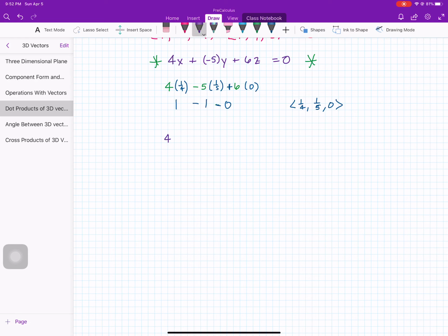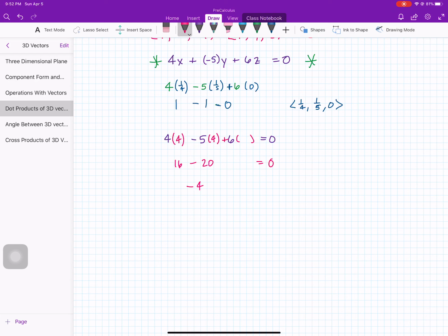Or you could try to get a little bit fancier. You have 4 and -5 and +6. You could just pick your favorite numbers. So 4 times 4 is 16. 5 times 4 is 20. So you've got 16 minus 20. And then you need another number to fill in here that would make it be 0. And you can pick whatever number you want that would make the true statement. So right now you're at -4.